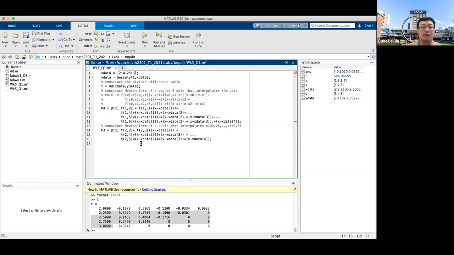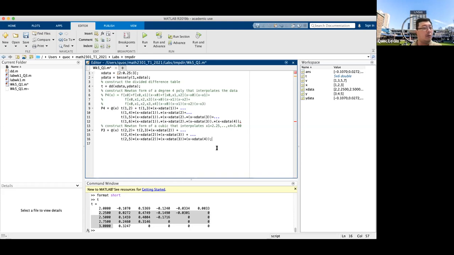That's it, because this is a cubic. I stop at the last term, which is cubic. So start with a constant, linear, quadratic, and cubic, and stop.